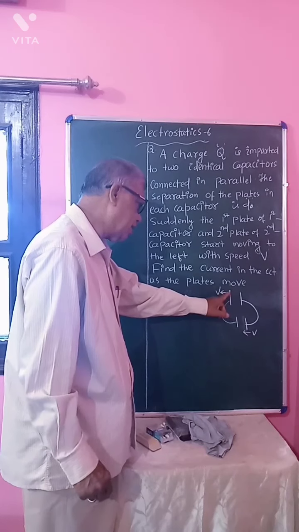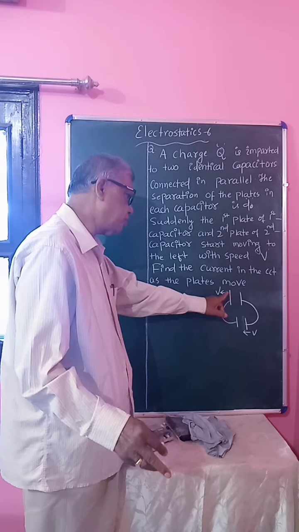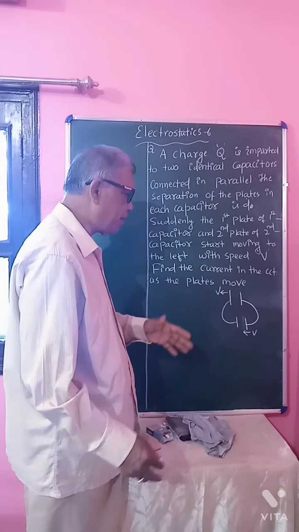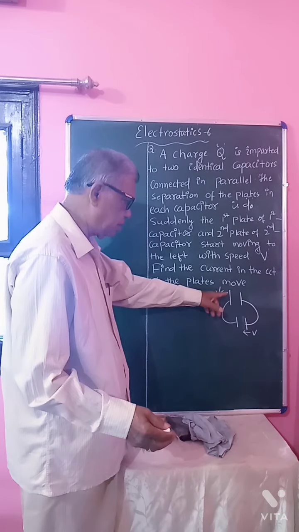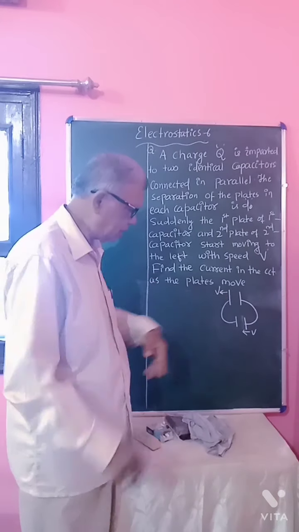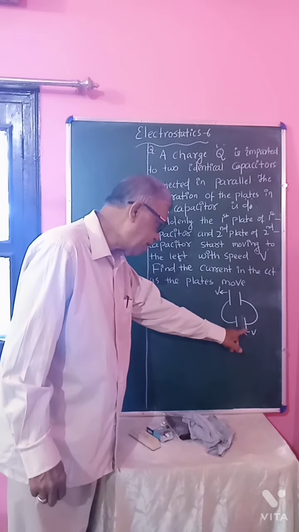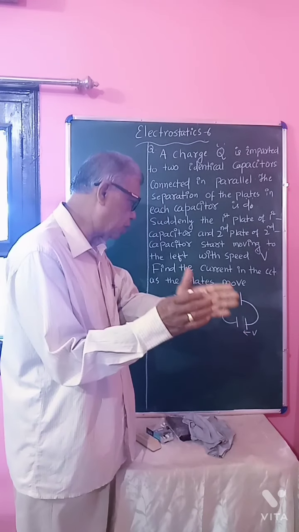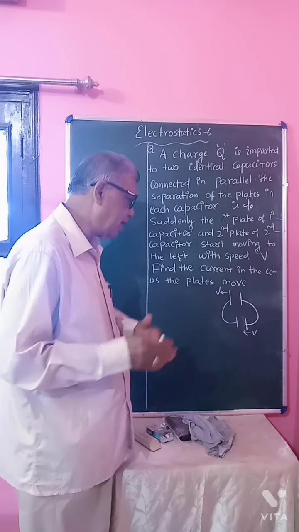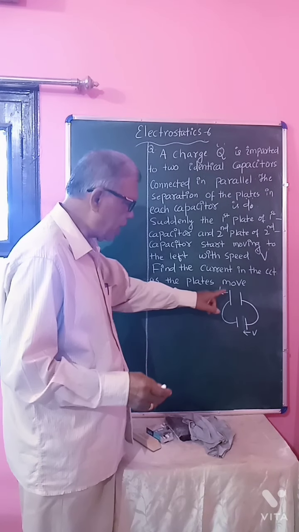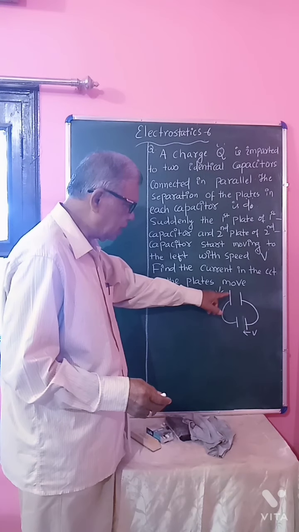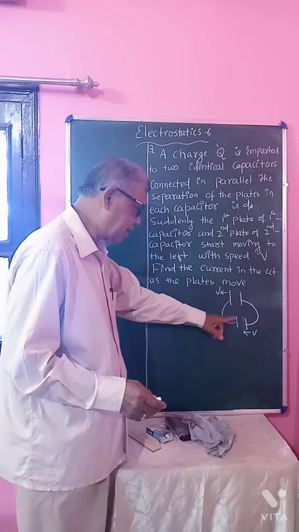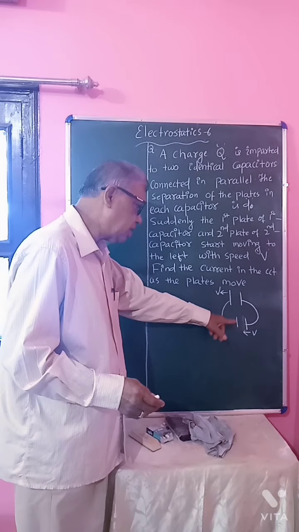When the first plate of the first capacitor moves to the left, the separation increases, thereby the capacitance decreases. Similarly, when the second plate of the second capacitor moves to the left, the separation between the two plates decreases, thereby increasing the capacitance. So the first capacitance, due to increasing distance, decreases, and the second capacitance increases.